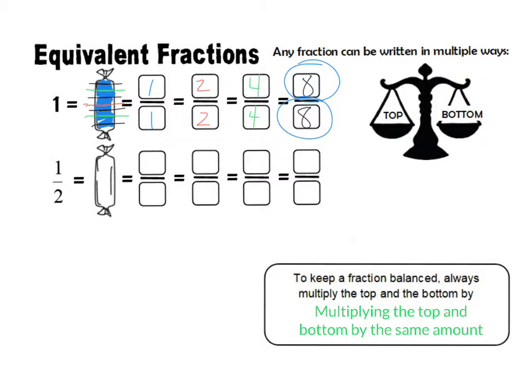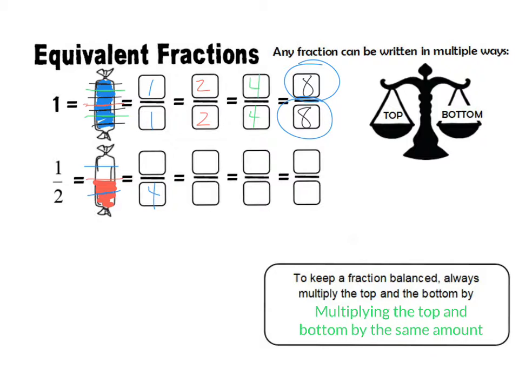Let's take another look at another example. So down here I have a candy, and I want to start by showing that I have half of the candy. So I'm going to divide it in half, and I'm going to shade just the bottom half to show that I have 1/2. And of course I can write the fraction as 1/2. I could divide this up again, like we did above, and let's say this time we divide it into 4 chunks.